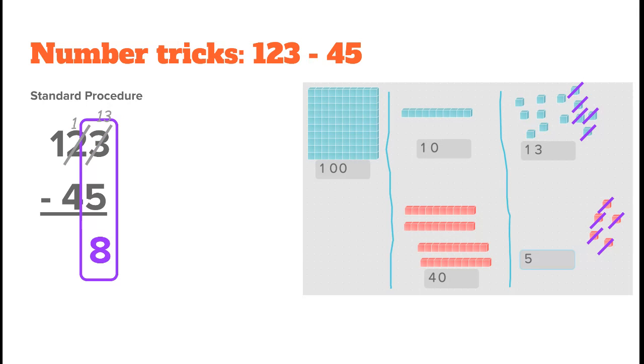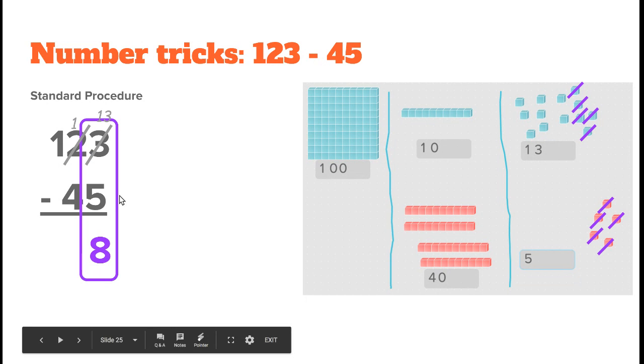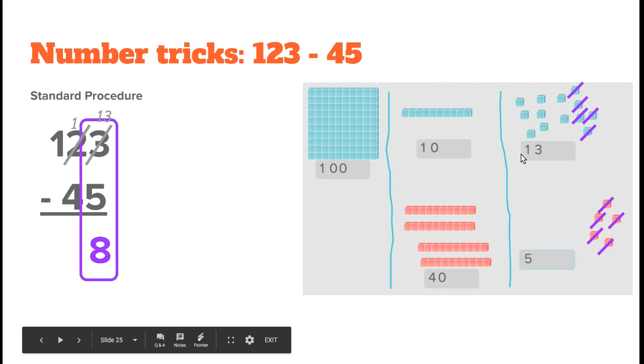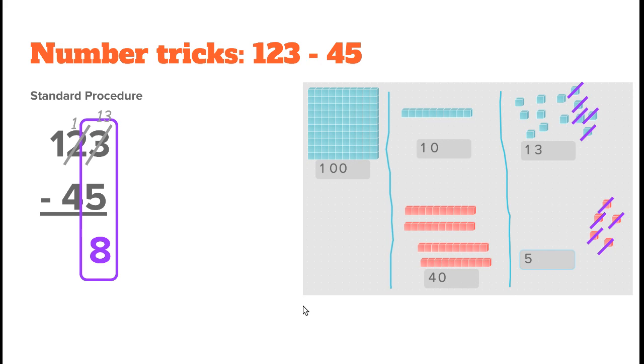And just like before, I can remove from both the subtrahend and the minuend, and what's left is just these 8 units. Now, already you can start to see what's actually happening when we're talking borrowing. But the other thing is that my operation here is incomplete. 123 minus 45 is definitely not 8. But I can still see the rest of the operations sitting in this larger group.